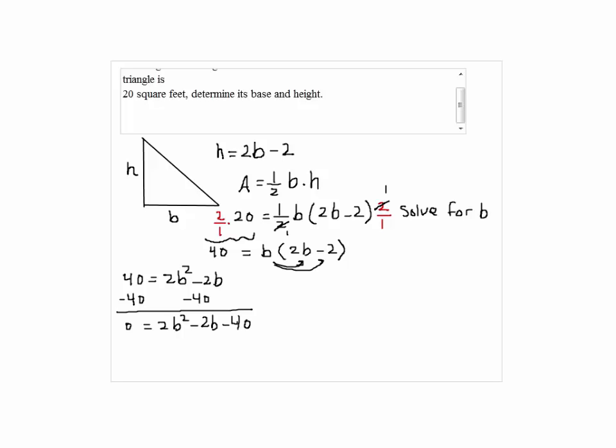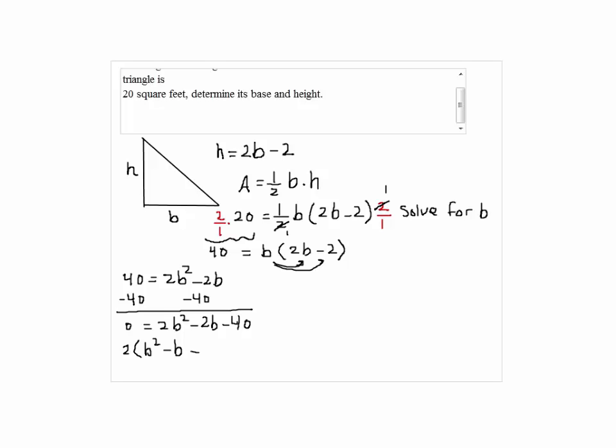So I would get b times 2b minus 2. That's one way to reduce fractions. Now if I distribute, I would get 40 is equal to 2b to the power of 2 minus 2b.